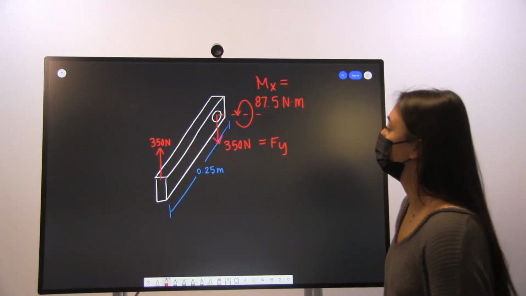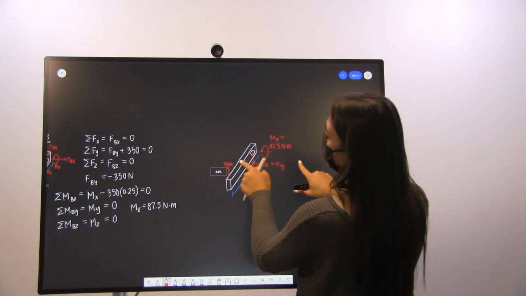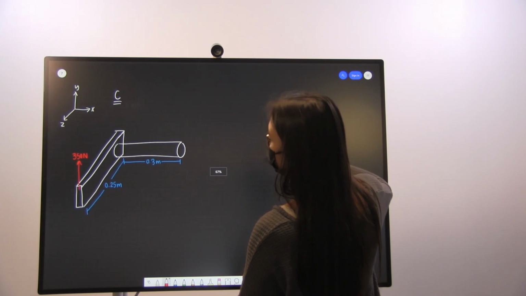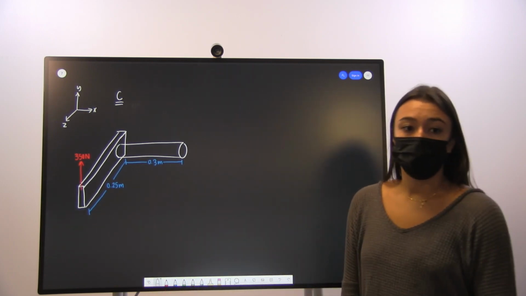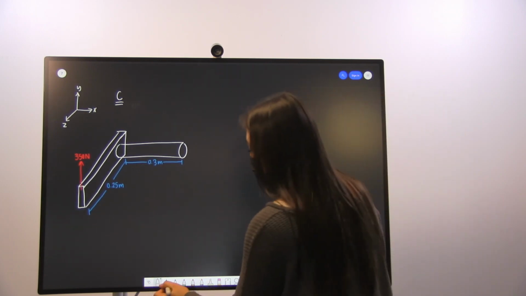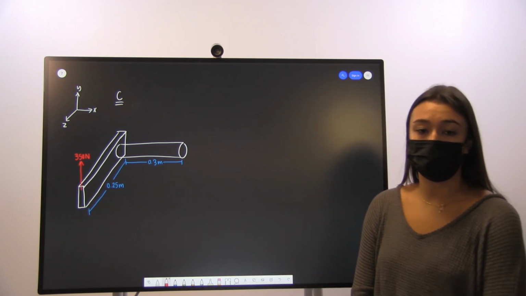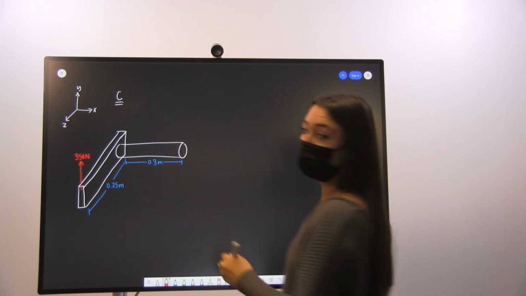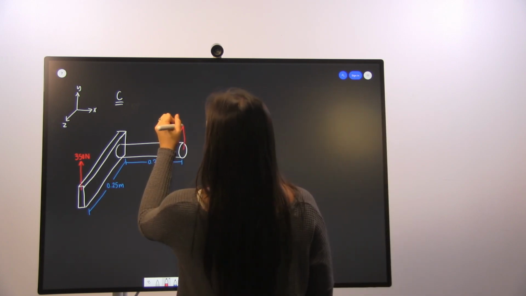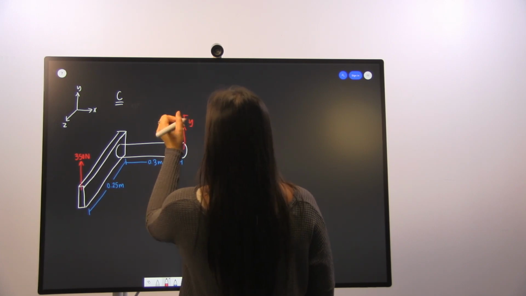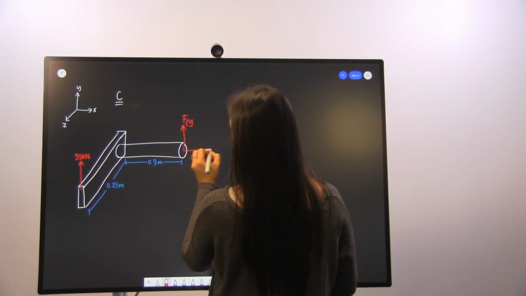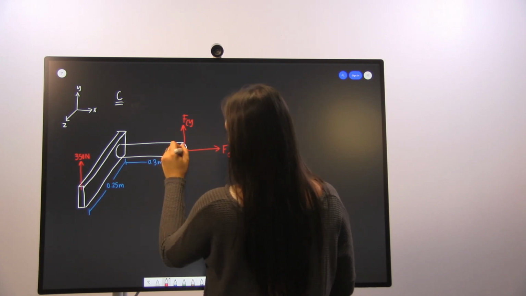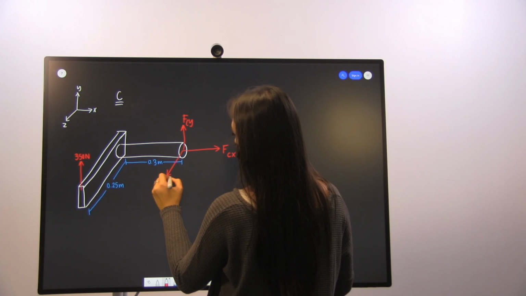Our next step is going to be following the same process that we did at point B, but this time at point C. So we're going to do the same thing, but this time at point C, we're going to have forces again in the y direction, in the x direction, and also in the z direction.